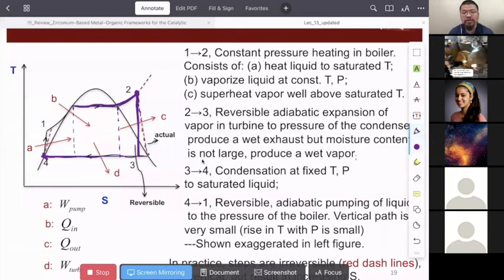So there you still need to design the isentropic versus the actual process to understand the efficiency of the turbine and the efficiency of the pump. And here, this is a little bit shifted, but this should be perfectly vertical, versus this, which is the so-called actual path with respect to this isentropic process.